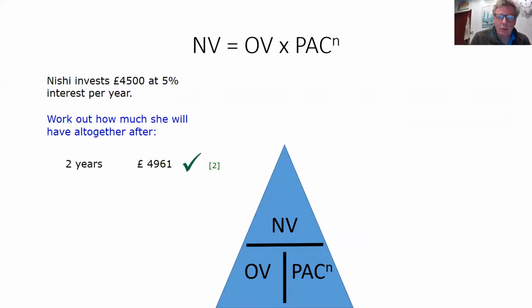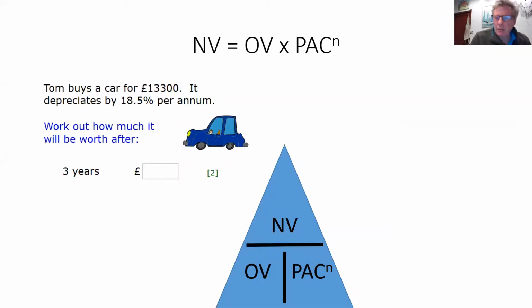Now, even though I call it the compound interest problem, we can apply the same methodology to several other problems, or any problem where there's a repeated change. And this is the car depreciation problem, where the new value is going to be 13,300, and it depreciates by 18.5%. So what we need to do is just put those numbers into our equation.